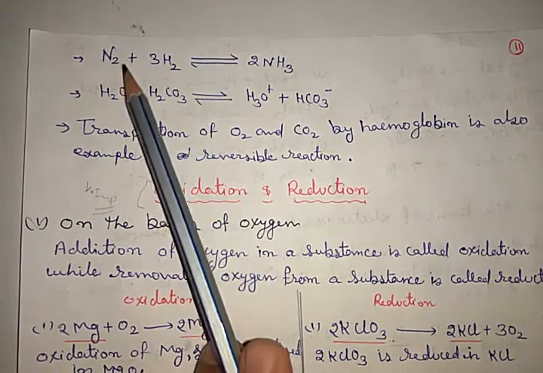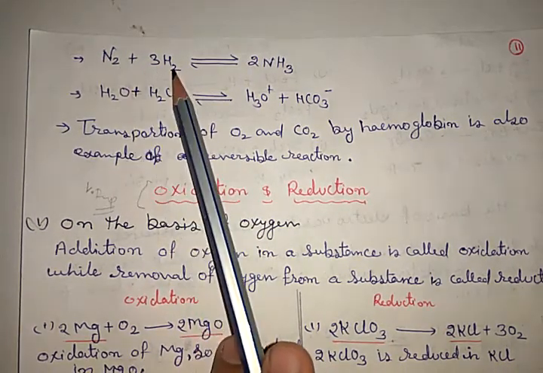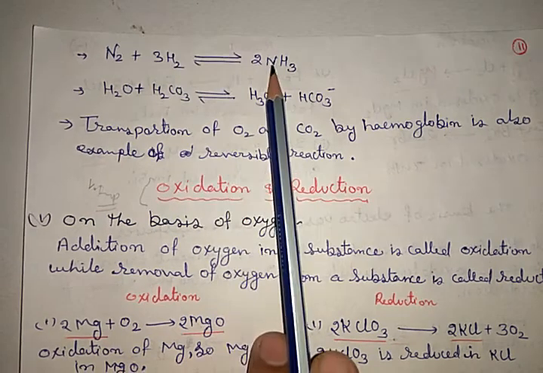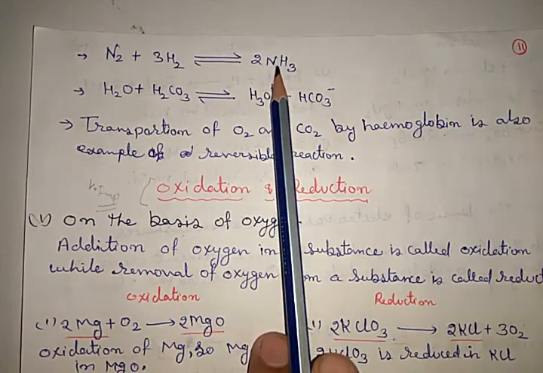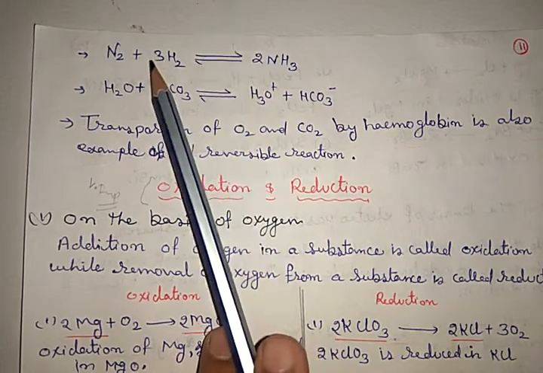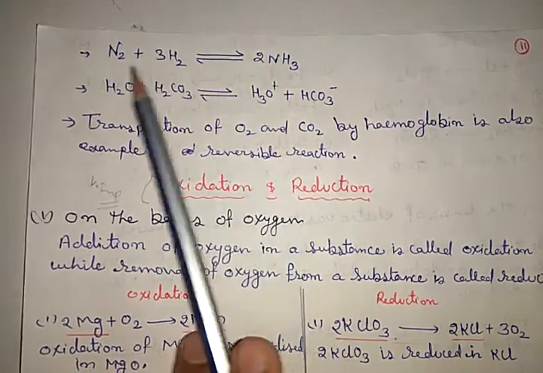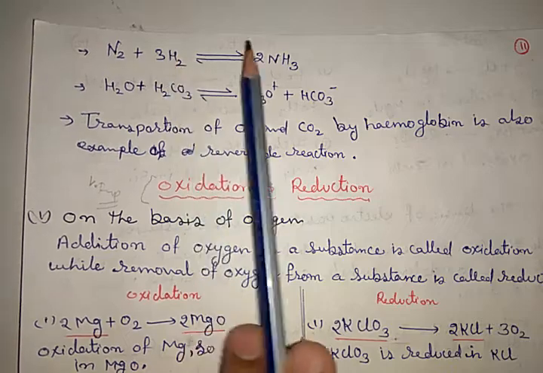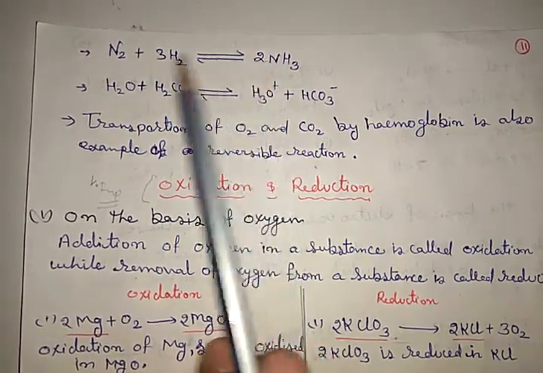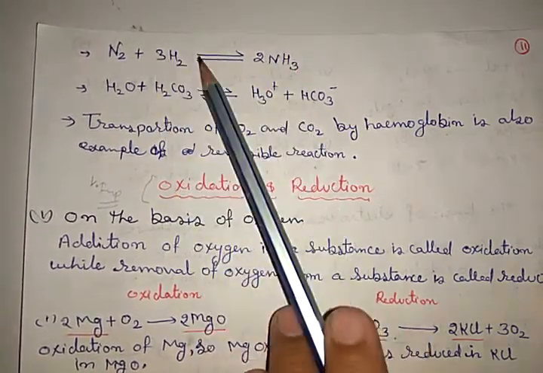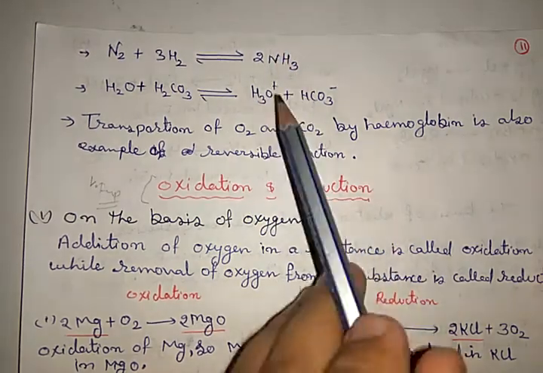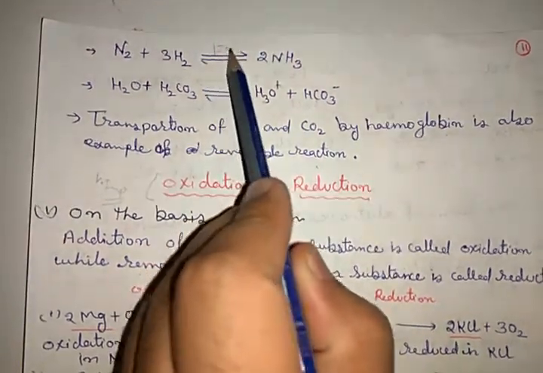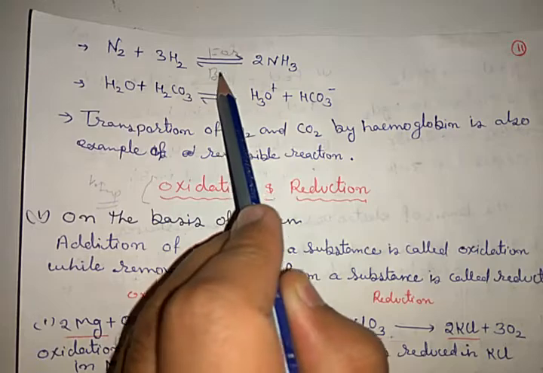In the start, nitrogen and hydrogen combine and make ammonia, and after attaining equilibrium, the ammonia again starts to break into nitrogen and hydrogen. That means the reaction proceeds in forward and backward directions. This is called forward, and that is called backward.